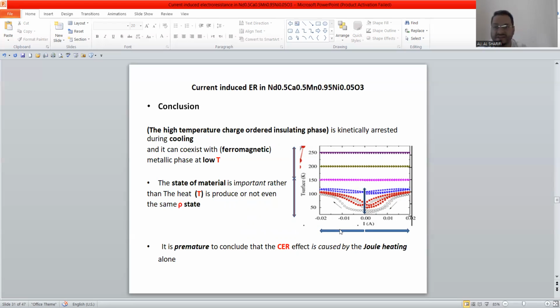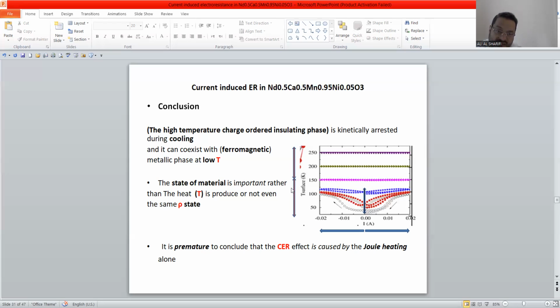At high temperature, 150 or more, the charge-ordered isolating phase is kinetically arrested during cooling, that means at less than 150. This arrested phase can coexist with the ferromagnetic phase, at the metallic state, at less than 150.